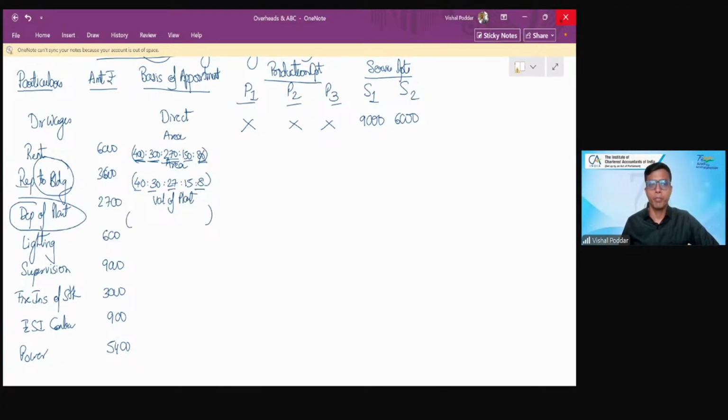But for repairs, since it is specifically mentioned that it is repairs to building, I will consider building only and not plant. And if it is of building, the ratio which is appropriate to this expense will be what? Definitely, it will be area. They're saying in the question it is written only repairs.